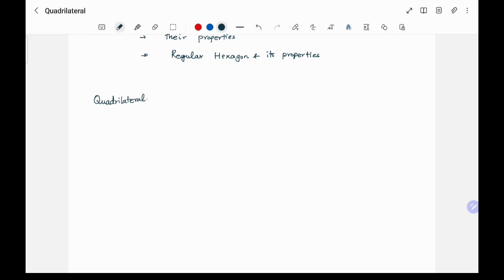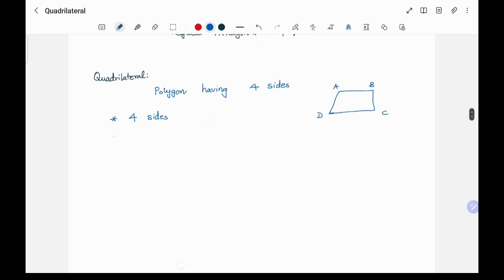So we already saw that a quadrilateral is a polygon having four sides. It also has four vertices.